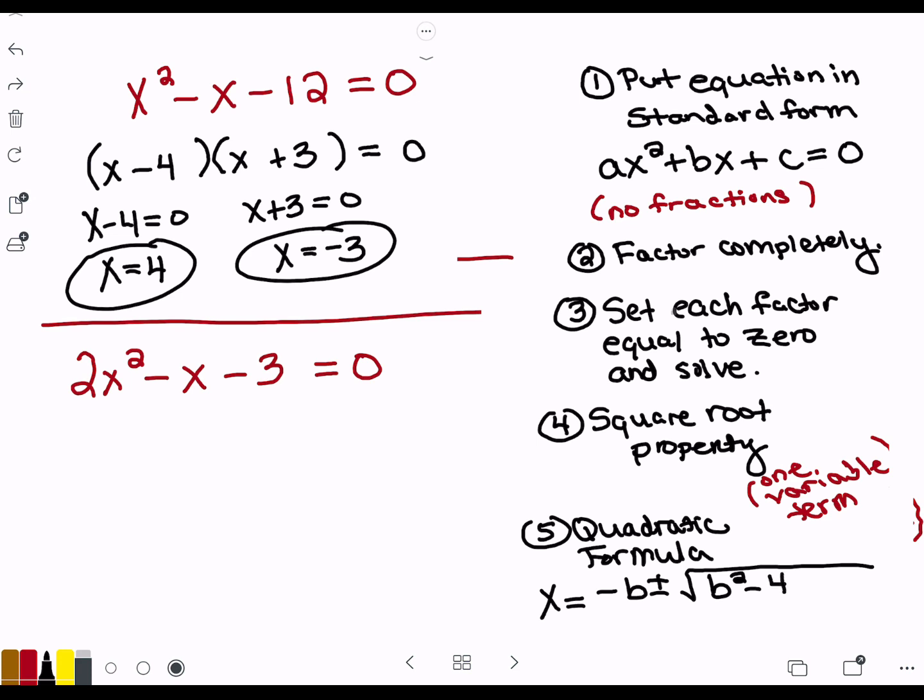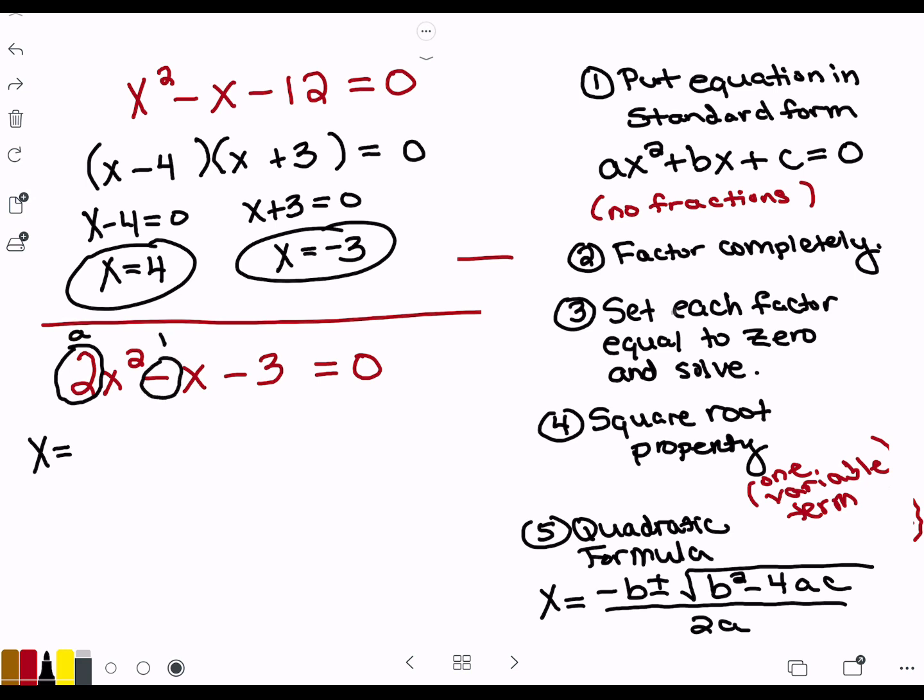So the quadratic formula is negative b plus or minus the square root of b squared minus 4ac over 2a. Now let me tell you, this equation looks long, but it is a guarantee. Students say even though it takes a little bit longer to work it this way, it is a guarantee to get the right answer.